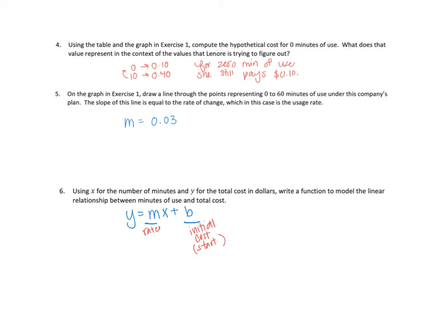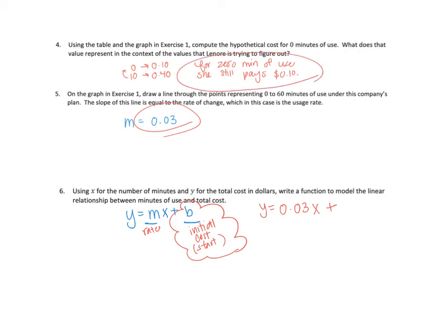We found that our constant rate was 0.03, so we can write this as y equals 0.03x plus, what are we starting with? How much does it cost to just log into this thing and not even use it? Just the access fee. Well, we found at the very top of this that for 0 minutes of use, without even using this, she's still going to pay 10 cents. So she's going to have to pay 10 cents no matter what when she logs in. Okay?